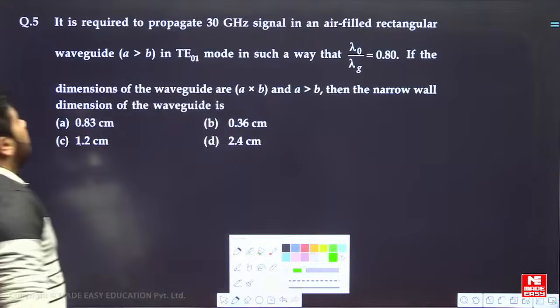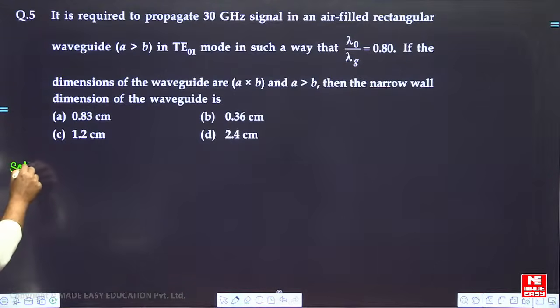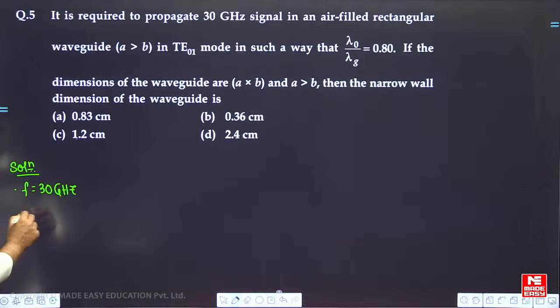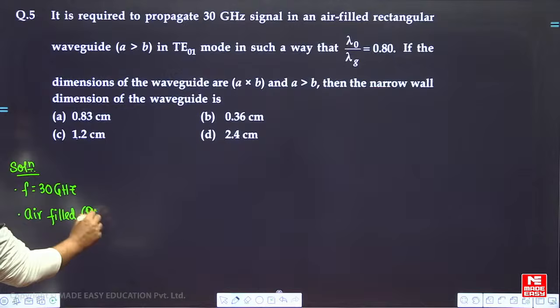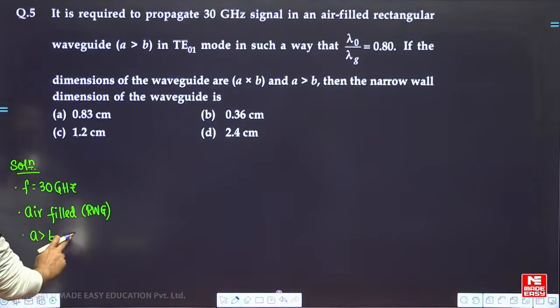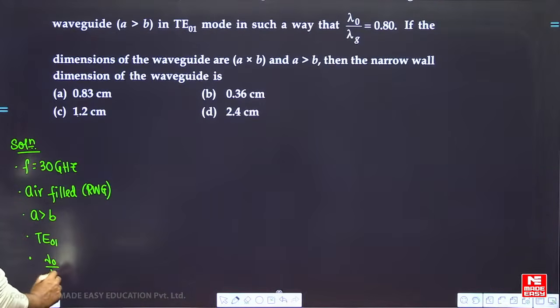So let us solve. Now it is saying that it is required to propagate 30 gigahertz. So what are the data that has been given? Frequency of operation is how much? It is 30 gigahertz, isn't it? Okay. And it is your air-filled rectangular waveguide, having A is greater than B, right? And it is in TE01 mode propagation, such that lambda naught upon lambda g is given as 0.80.